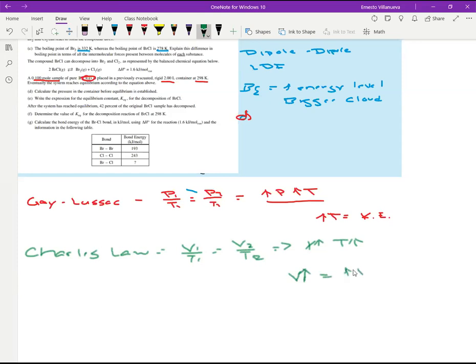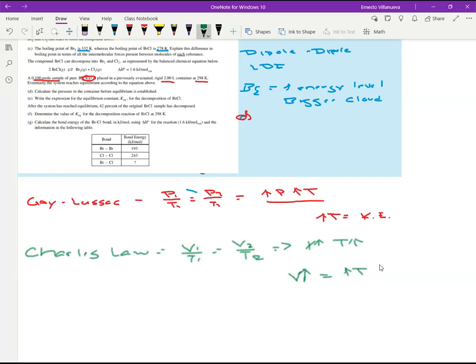Now, if the volume of a container, for example, is not rigid, if volume is able to change according to temperature, remember that as you increase temperature, you're increasing kinetic energy, okay? As you increase kinetic energy, these particles are beginning to move faster. And if your container is not rigid, that's going to increase the amount of volume that's present at any given moment, okay?